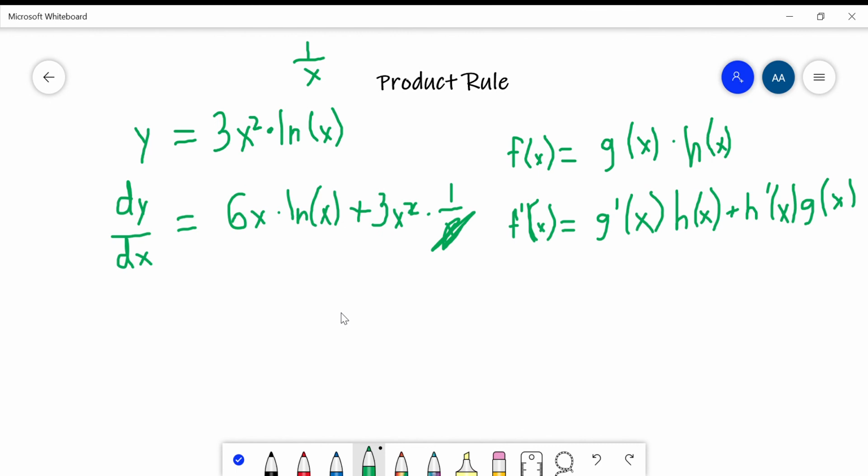So it's just going to be 6x ln x plus 3x, and you can factor out x and do other things as necessary for whatever problem it is, but in general this will be acceptable in most cases. Maybe you'll need to put in a value and solve for that, but generally this should give you the answer.